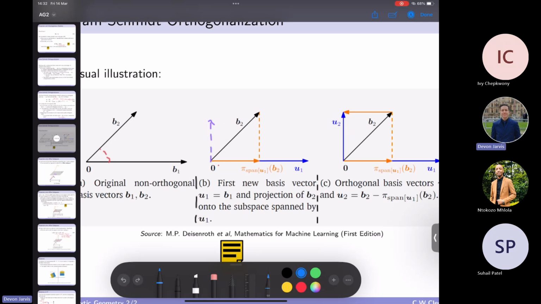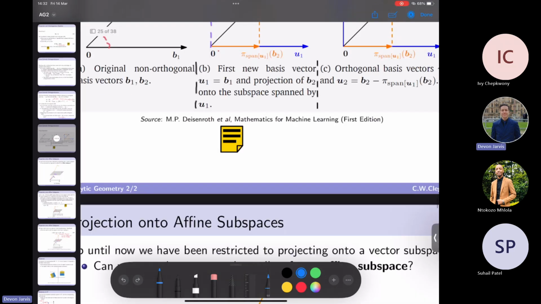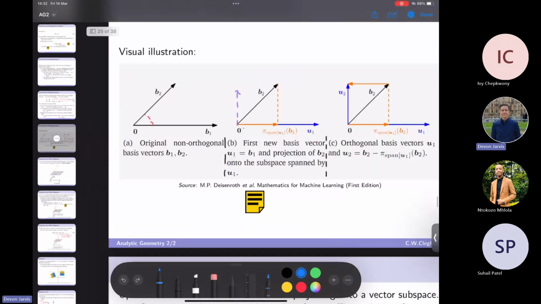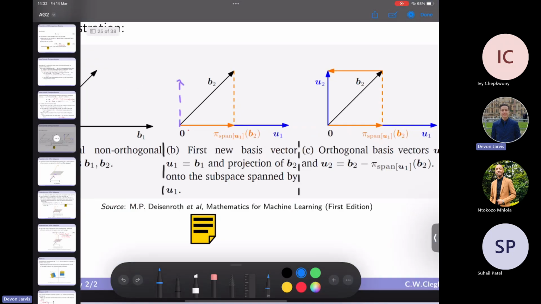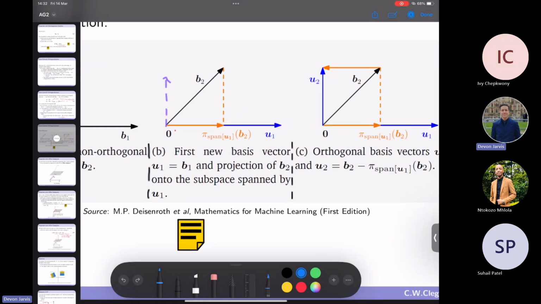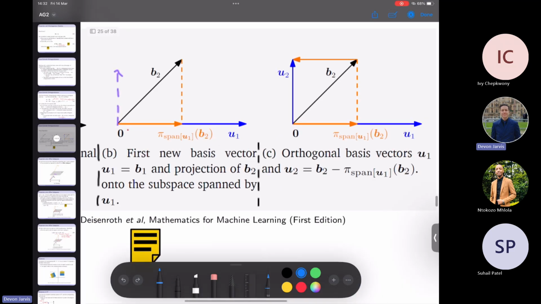Just by subtracting the projection of B2 onto that first basis vector, we end up with something that's orthogonal. And this will be true in higher dimensions. That's always going to be true. Once we remove whatever part of B2 survives that inner product with U1, survives that projection, we can then just remove it with the subtraction.